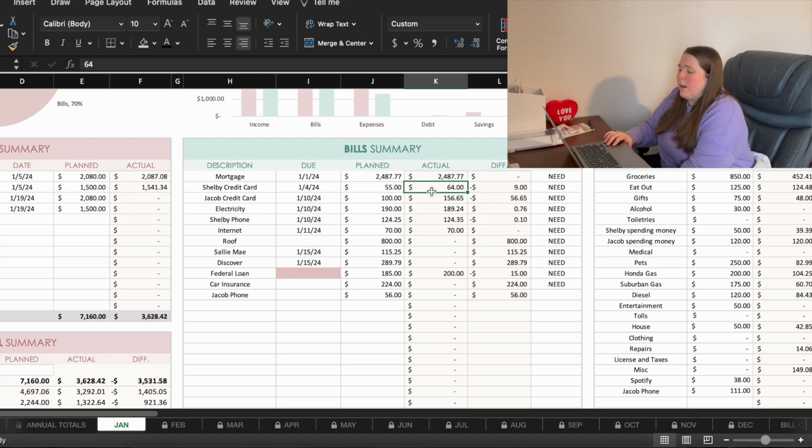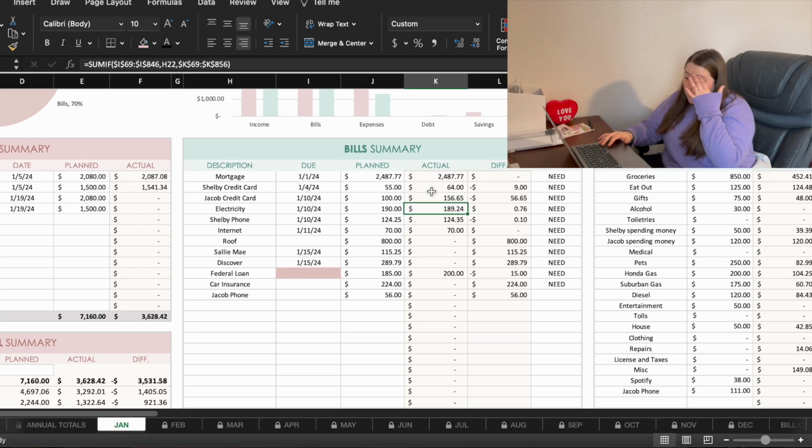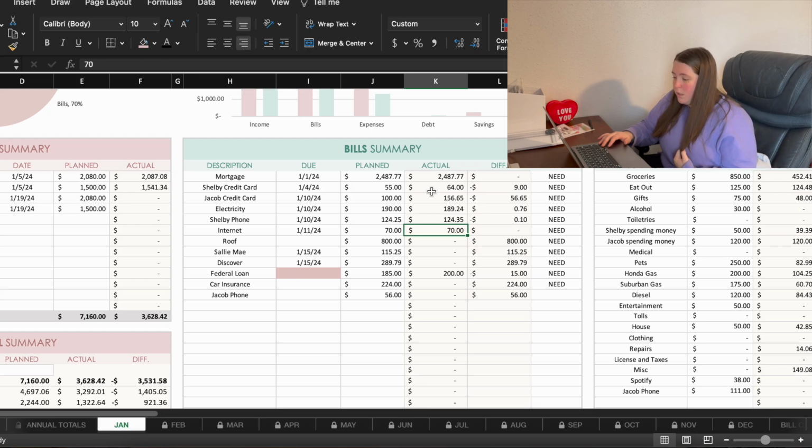Right around Christmas we stopped at the gas station and I think I got a drink or something. I can't remember, but not that big of a deal. The next one was Jacob's, same thing. He had a Christmas present for me on there that I didn't know was on there, so I didn't budget for it, and we went ahead and paid that off. Electricity was normal, same with phone, and internet was the same.